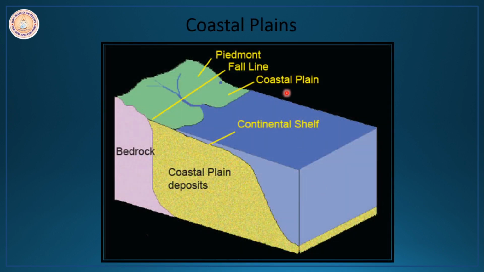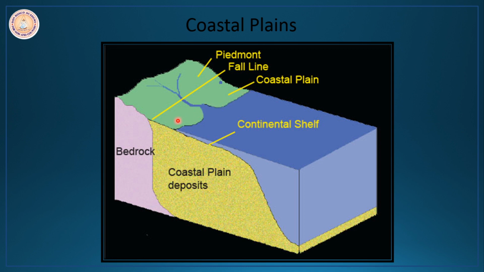Coastal plains. The coastal plains are the result of depositional work done by the sea waves. Sea waves keep moving from the sea towards the land. And these tidal forces bring in sediments and keep depositing them along the coastal areas over here.